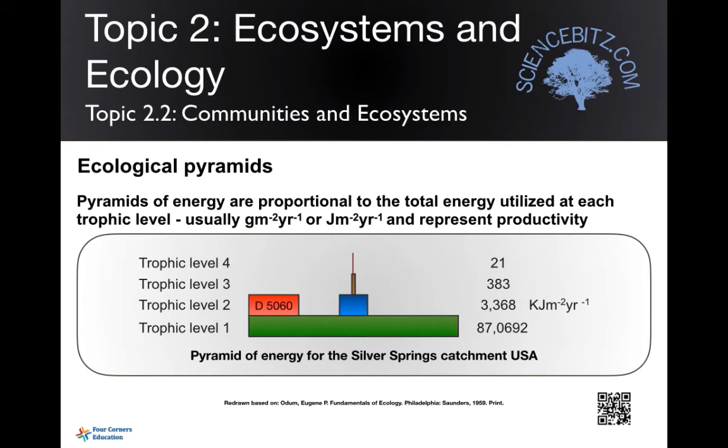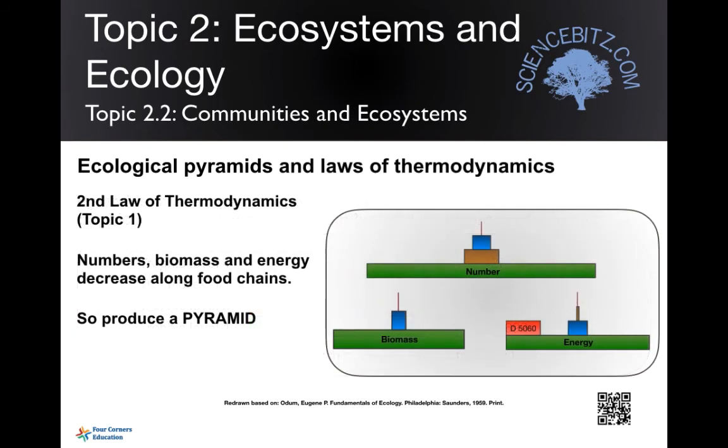Okay, so what are pyramids really showing us about energy in an ecosystem? Well, if you think back to topic 1, we looked at the second law of thermodynamics. And the second law of thermodynamics talks about the movement towards entropy. And what these are really showing is that the food chains show that the number, biomass and energy actually decrease as we go further up the food chain.